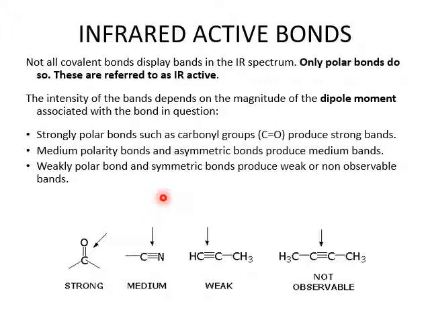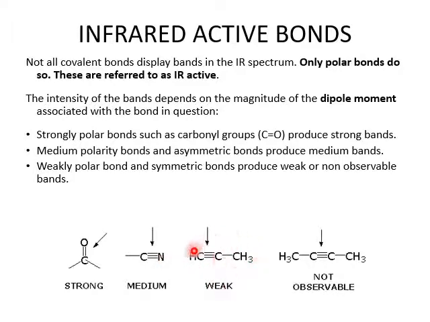For example, the carbonyl group, the C=O group, is a strongly polar bond, so we will have a strong IR spectrum.